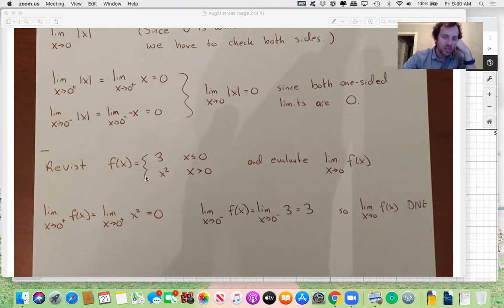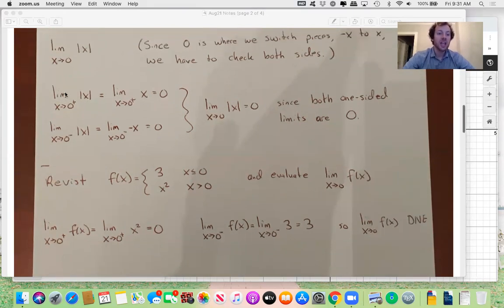When we did this earlier in the course, we looked at the graph. But here we want to do this without looking at the picture. The process is really the same as for this absolute value function, just we're going to come to a different conclusion at the end.